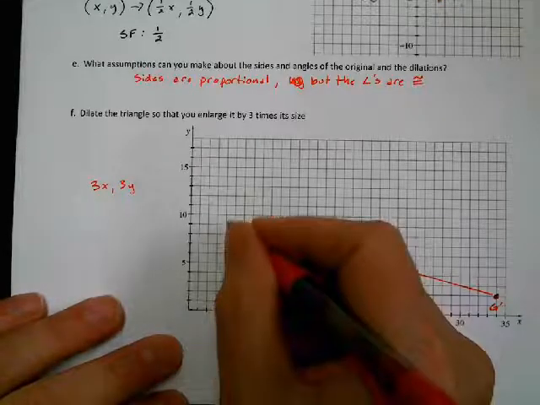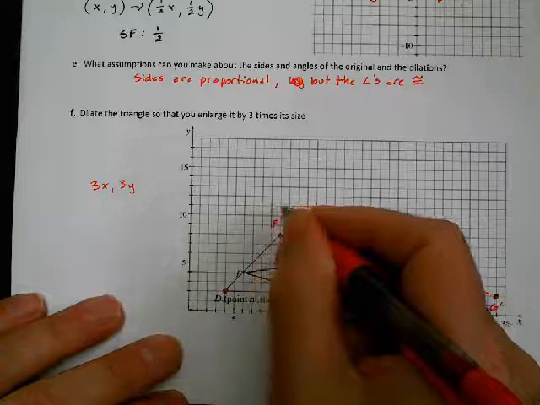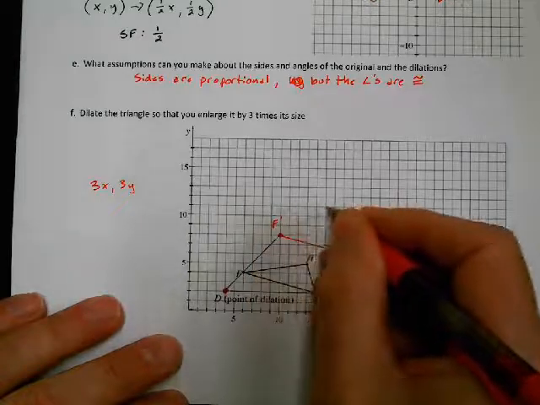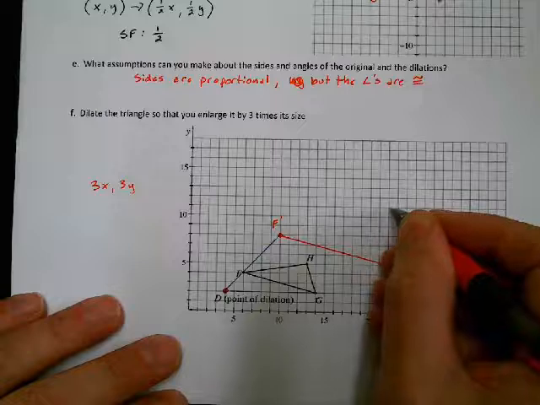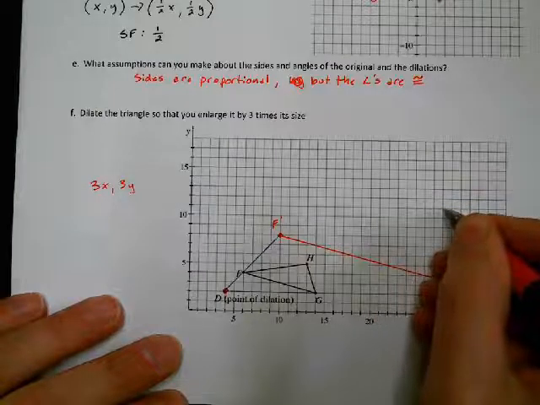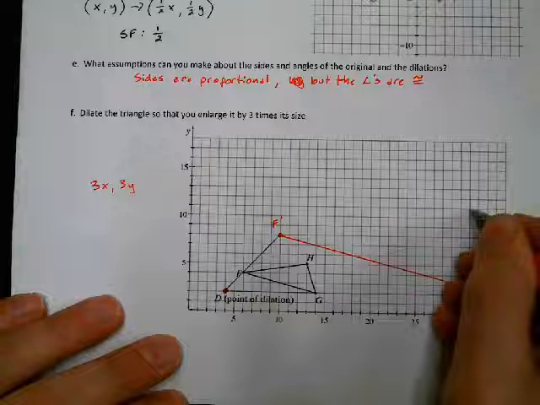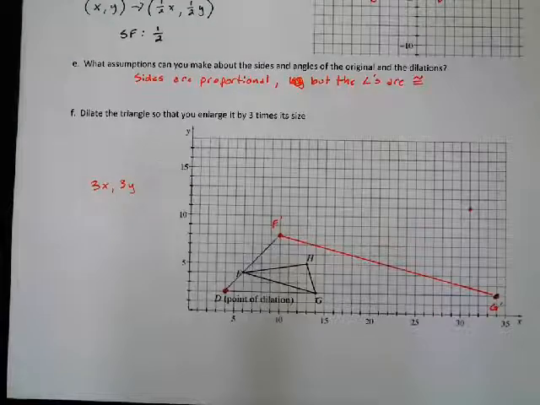Then on to 20, and then 1, 2, 3, 4, 5, 6, 7. Sweet. Now, what if I miscounted when I was going through it? The best way to check to see if I miscounted is to draw a line.